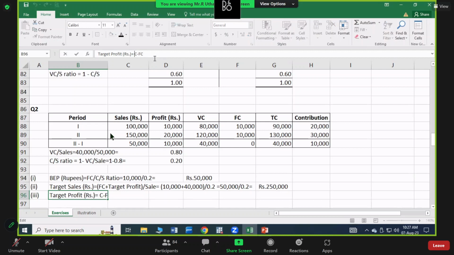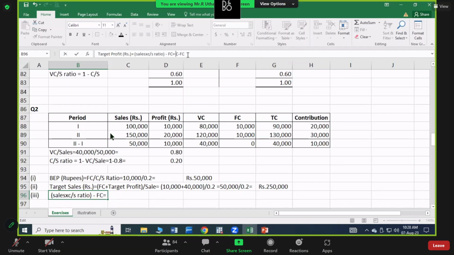The sales into the CS ratio, minus FC fixed cost. It is equal to contribution.